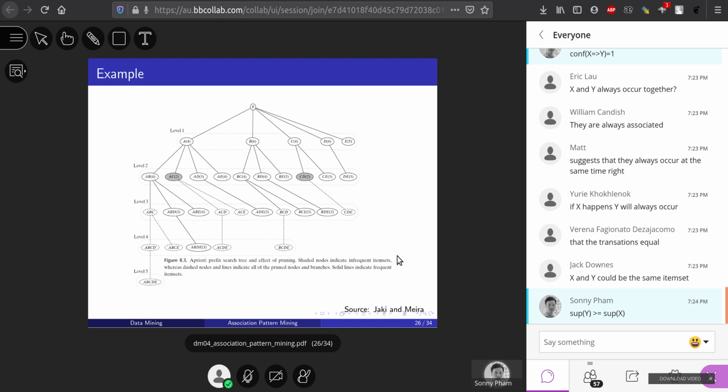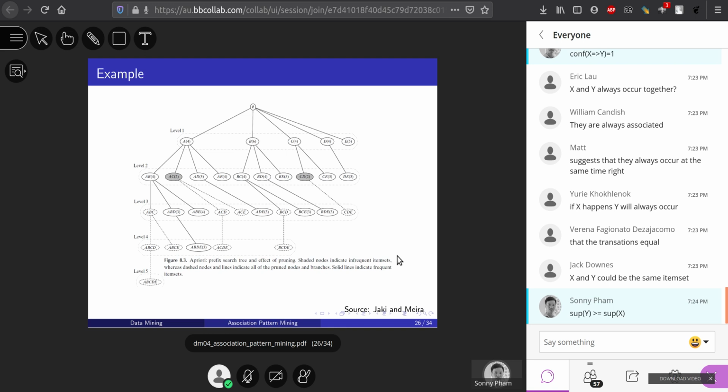For example, at level 2, we have AC and we have already ruled it out. If we say that this is definitely not a frequent item set, it's an infrequent item set, then ACD, as you can see from level 3 there, is not a candidate. It should not be there in the first place, because AC is already infrequent.